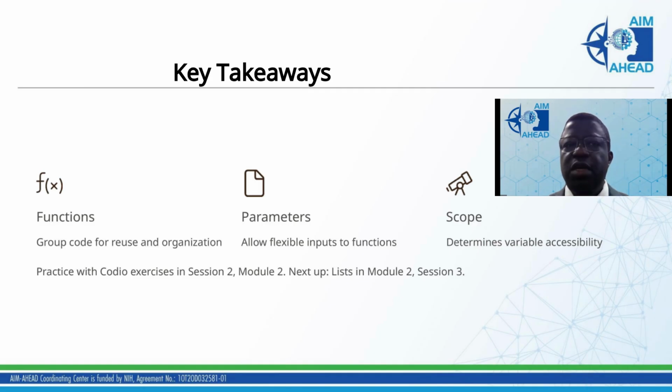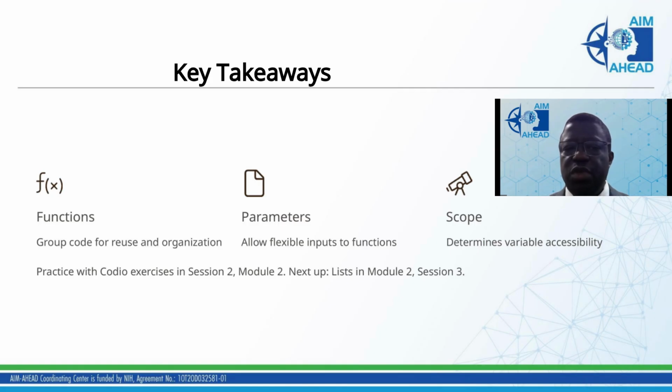Parameters. The introduction of parameters is essential as they allow functions to accept varied inputs, thereby increasing their flexibility. This adaptability enables functions to handle diverse scenarios without necessitating alterations to the core function code.